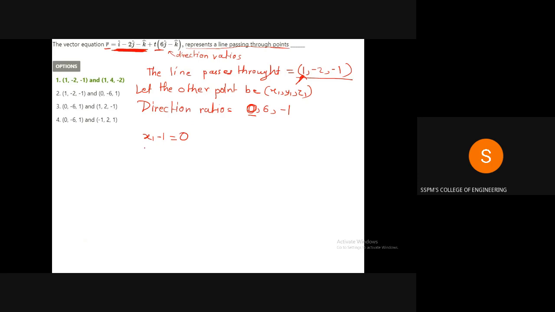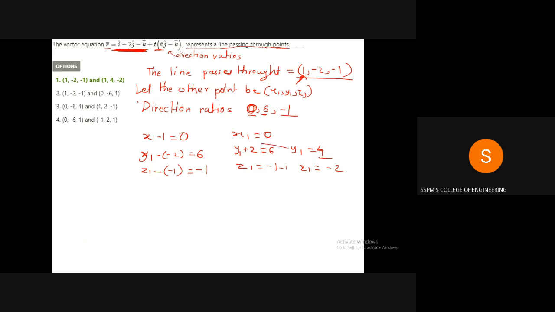For the second equation, y1 minus minus 2 is equal to 6. Again, z1 minus minus 1 is equal to minus 1. If we solve this, x1 is equal to 0. Now y1 plus 2 is equal to 6, that is y1 is equal to 6 minus 2, that is 4. For z1, z1 is equal to minus 1 minus 1, that is z1 is equal to minus 2.